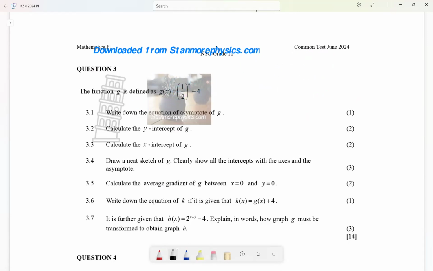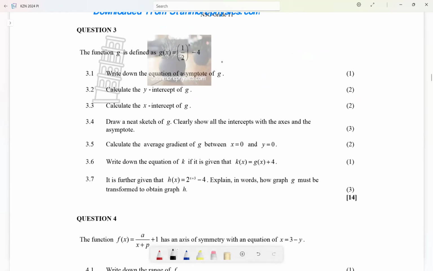So now, write down the equation of the asymptote of g. The asymptote of g is y equal to negative 4, or you can say q is equal to negative 4. This is our asymptote. Then calculate the y-intercept. For the y-intercept, you let x equal to 0, right?